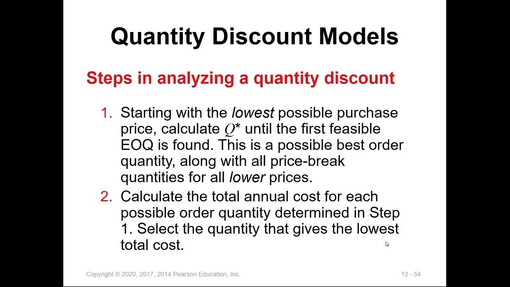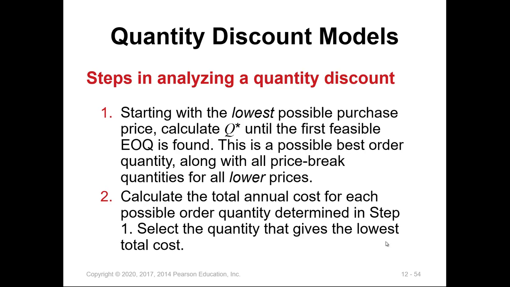There are two steps in analyzing a quantity discount. Starting with the lowest possible purchase price, calculate Q star until the first feasible economic order quantity is found. This is a possible best order quantity, along with all price break quantities for all lower prices.